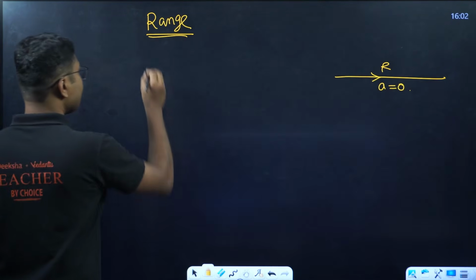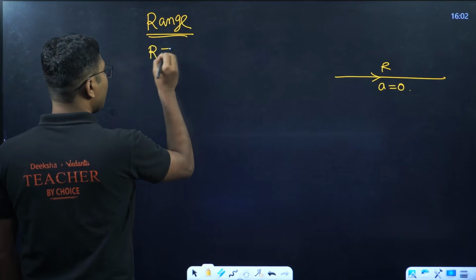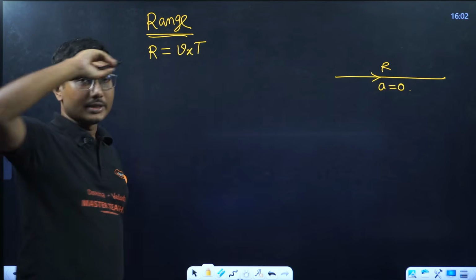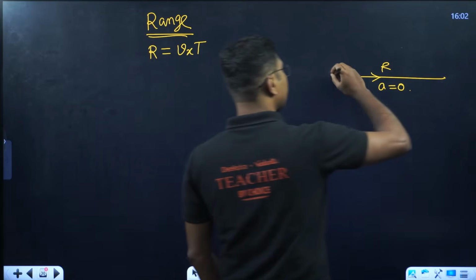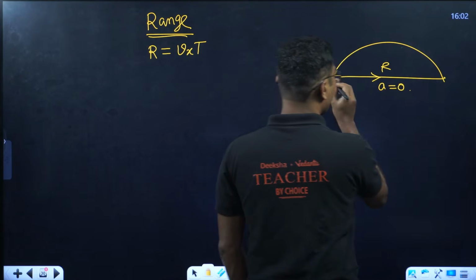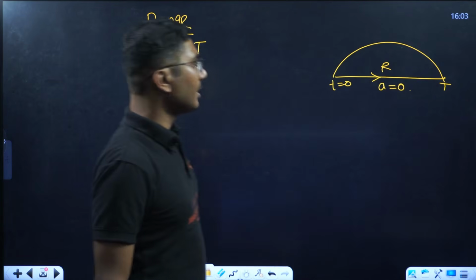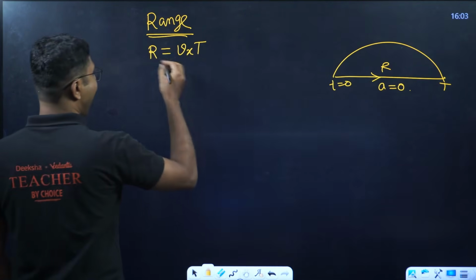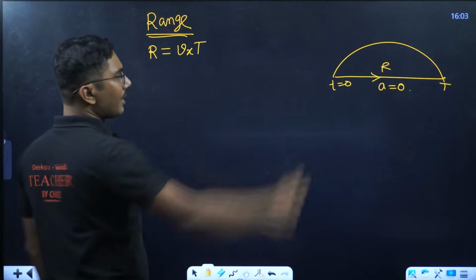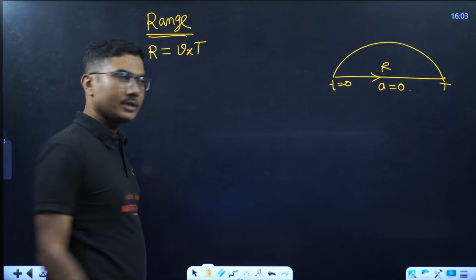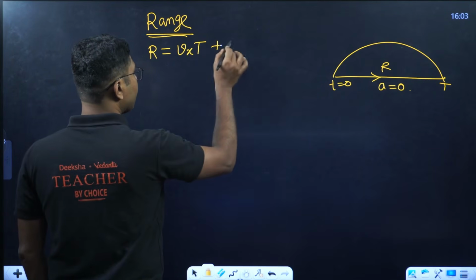So displacement s equals ut plus half at square. Here it will be vx into total time of flight t, because the particle is taking total time t to reach from here to here, right? So we need to take the total time t, plus half at square, a is 0. There is no acceleration in the horizontal direction, so you need not consider anything here.